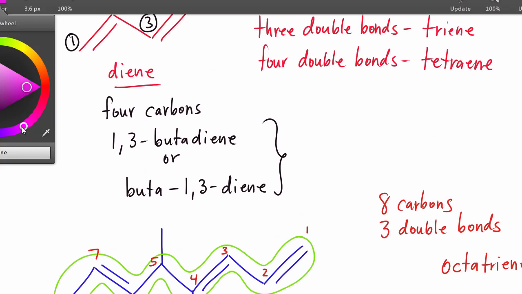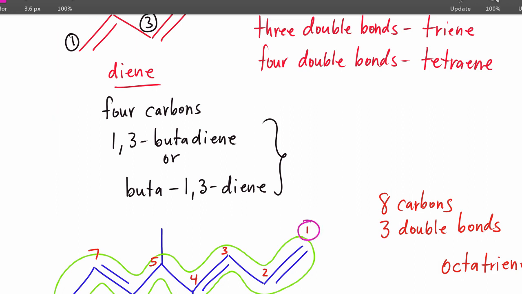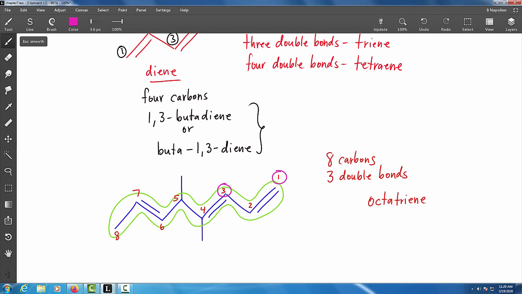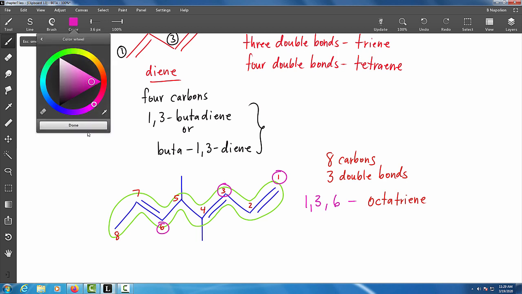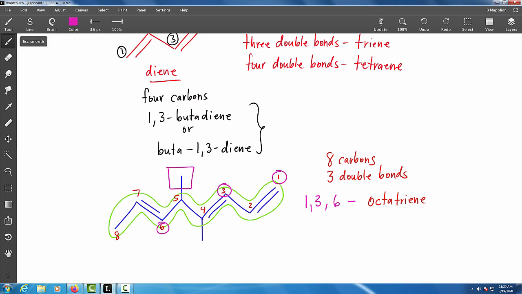What numbers explicitly? So we have double bond starting on 1, double bond starting on 3, double bond starting on 6. So it's going to be 1,3,6-octatriene.